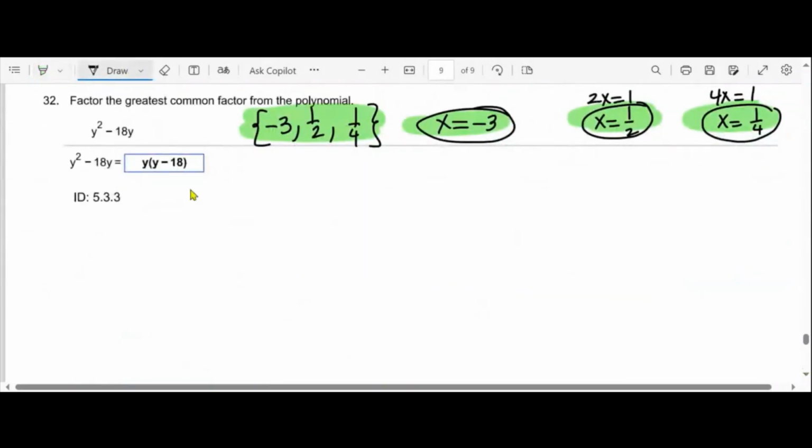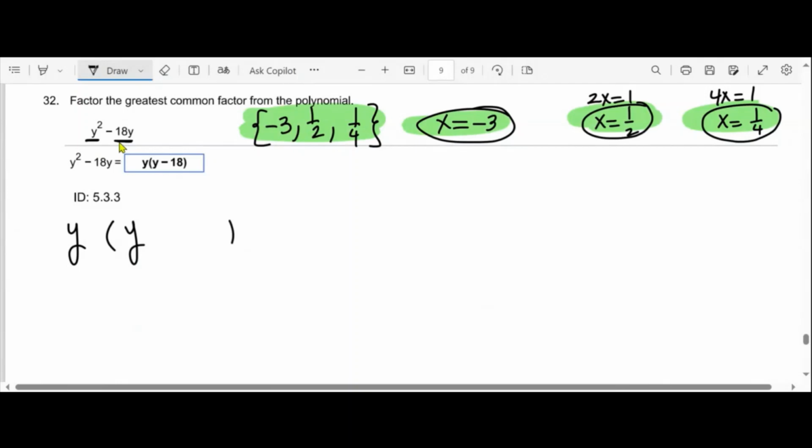Yalla Muhammad, read the last one. Okay, can you just go down a little bit? Factor the greatest common factor from the polynomial y squared minus 18y.